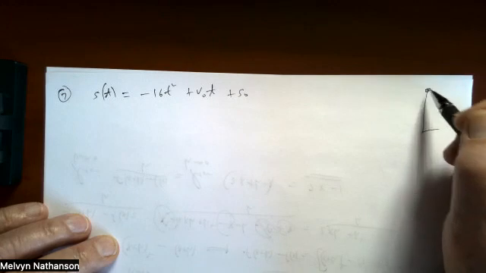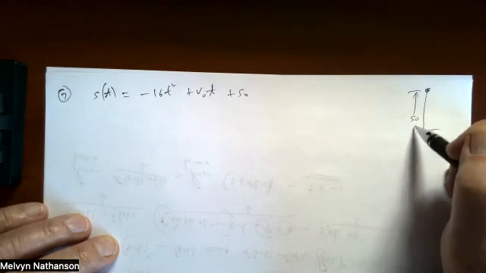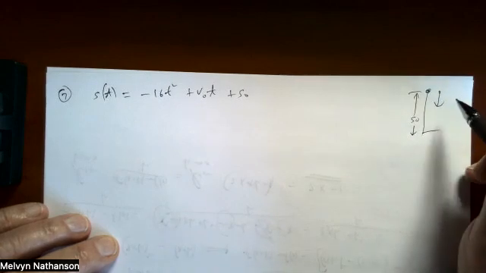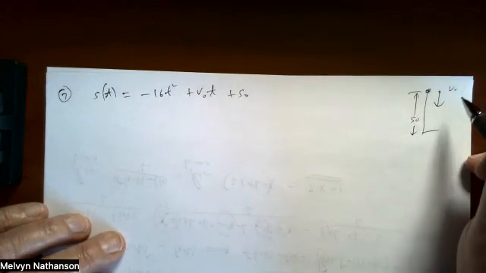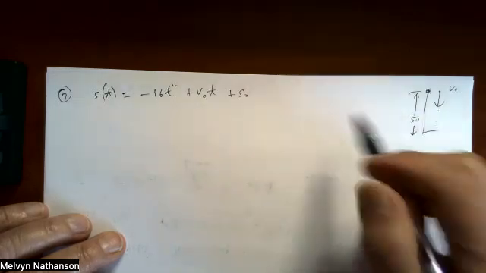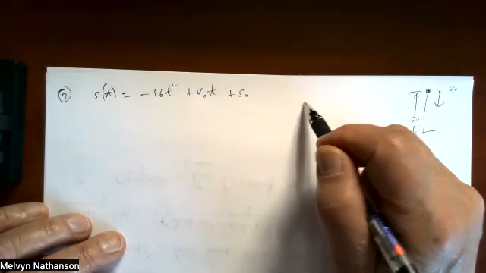So it's like at some height, s naught, above the ground, you drop this particle, and the initial velocity is v naught, and it falls and hits the ground. Or, if you want to look at this as a function of time, you can think of it like this also.